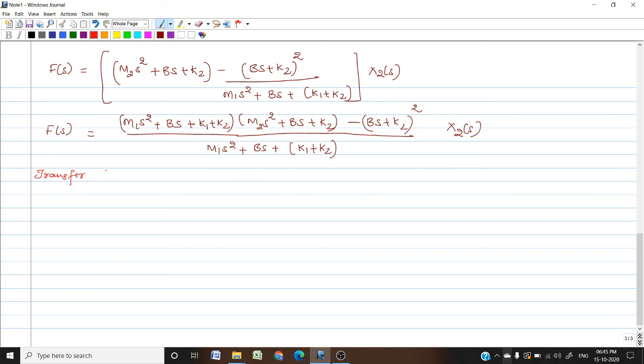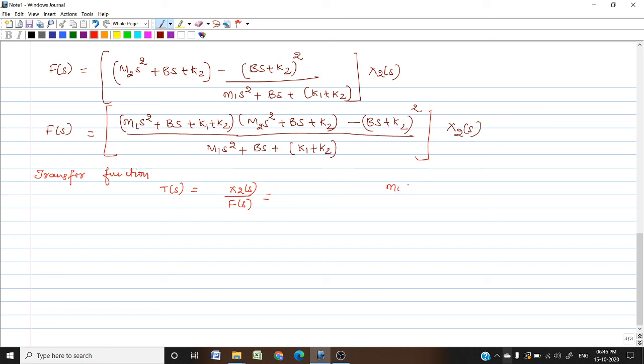The transfer function T of s is equal to x2 of s output divided by f of s. So it will be nothing but the reciprocal of this term. Whatever term we have, the reciprocal of that term will be x2 of s divided by f of s.